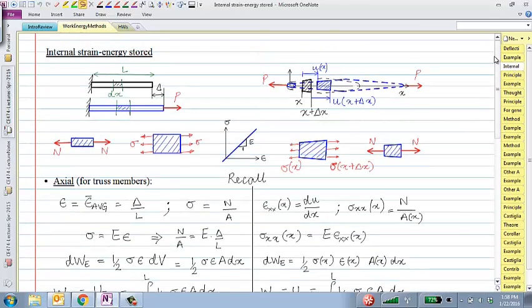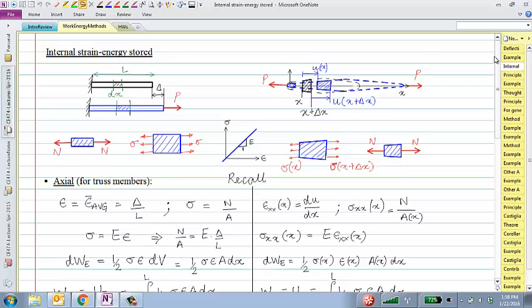I'll talk a little bit more about how we calculated the internal energy stored within a spring member or within an axial member. So if I have this bar, which is being applied with this P and it undergoes some delta, fixed at the left, I apply some load P out here and it extends by an amount delta.